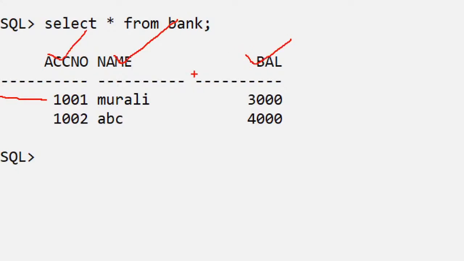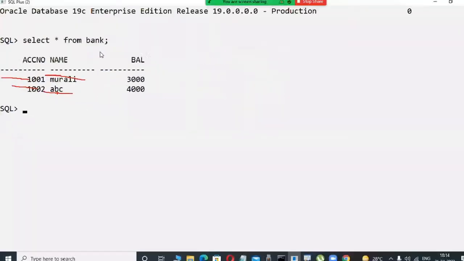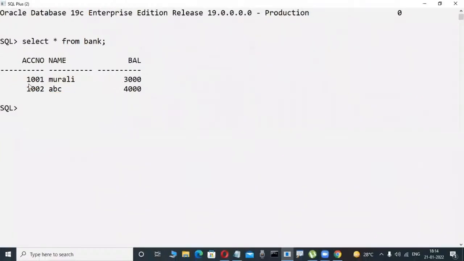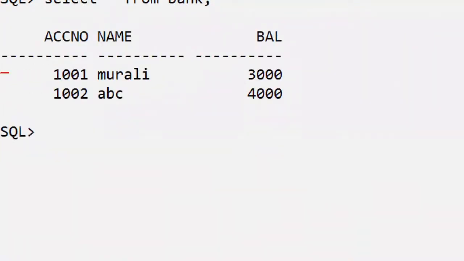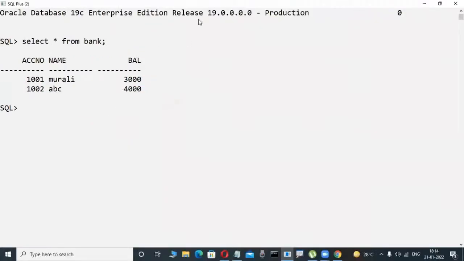These are called columns. These are the rows, or data. 1001 is an account number, my name is Murali, and I'm the account holder. My balance is 3000.